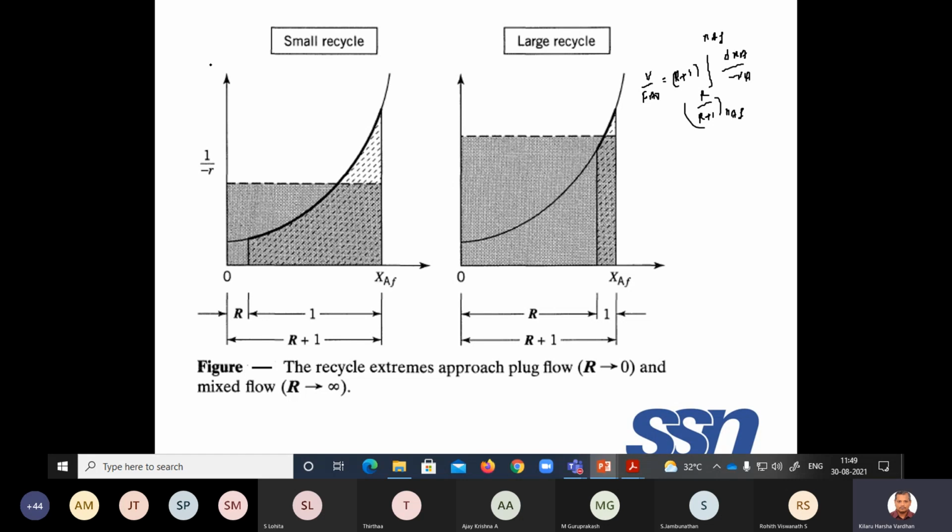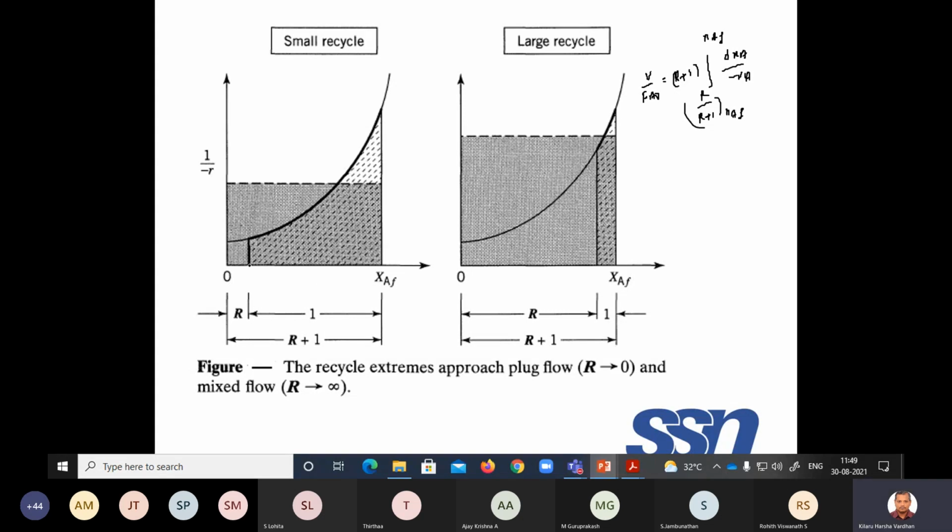Now, when R is 0, what is happening? When R is 0, the entire R term is 0, so you are left with only this particular thing. When R is very small, you are multiplying R plus 1, right? This is XAF. I'm taking this as R and this is 1. So what is the one component?